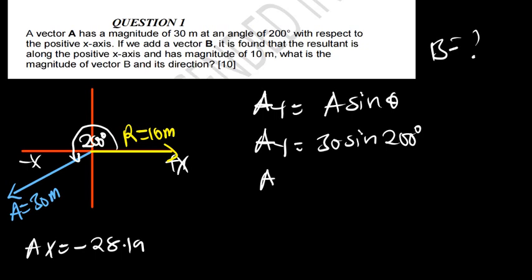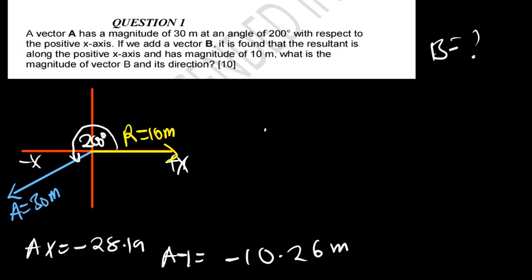So Ay will be 30 sine 200. I'm getting negative 10.26 meters. So I'll just put it here.